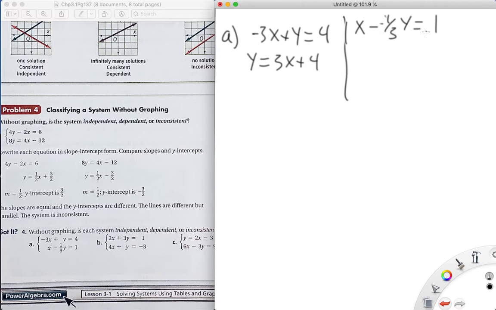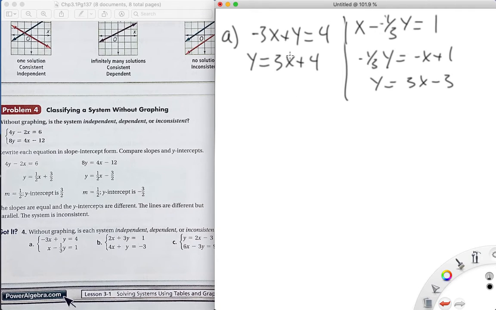Subtract the x and the 1, so it'll be negative 1/3 y equals negative x plus 1. Multiply both sides by negative 3, y equals 3x minus 3.